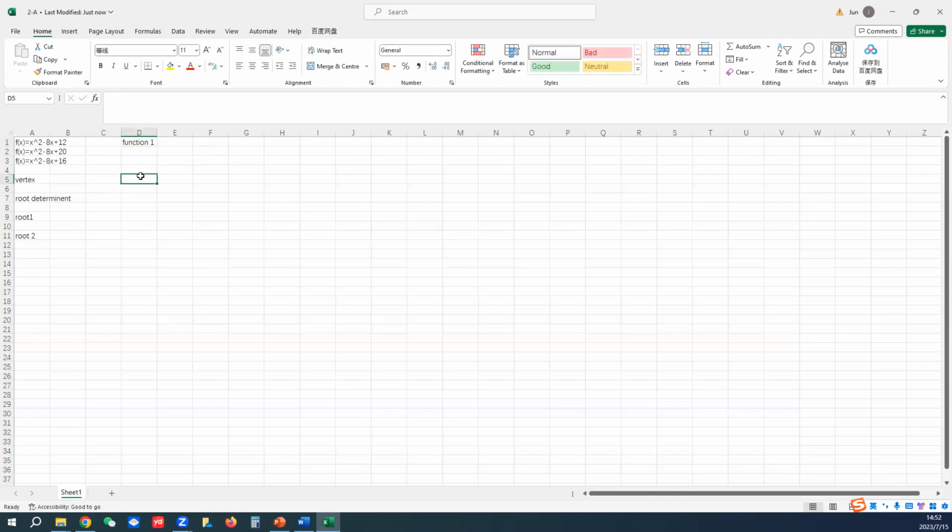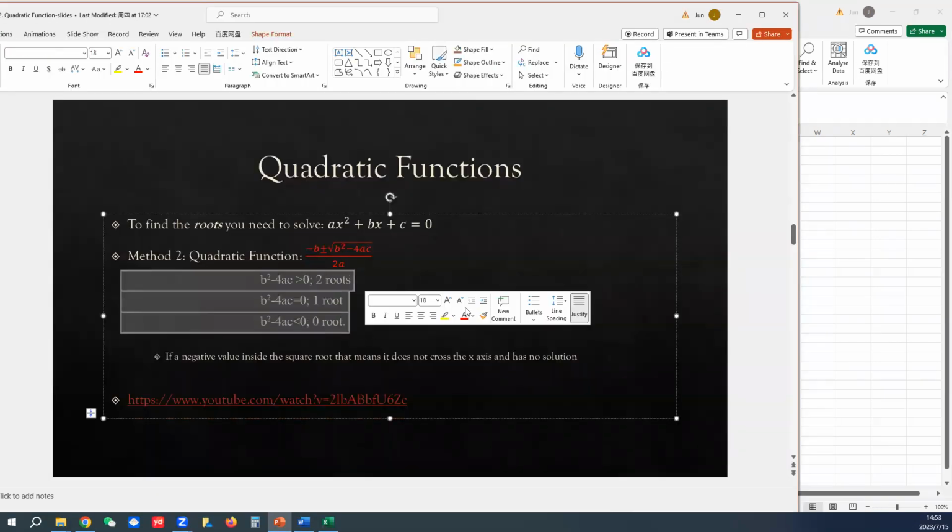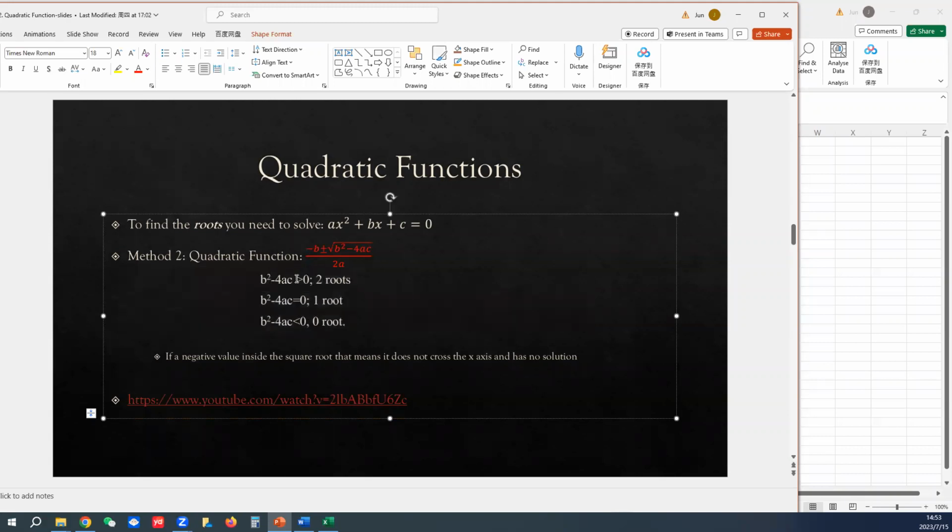For function 1, we have A, B, C. A equals 1, B equals minus 8, C equals 12. Okay, what is the root determinant? The root determinant is B squared minus 4AC, right? Because this determines how many roots you're going to have. So here I just refer to this as root determinant.